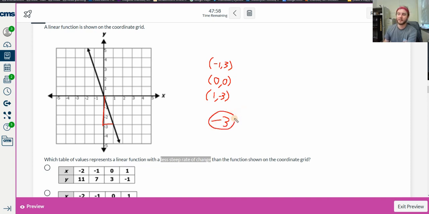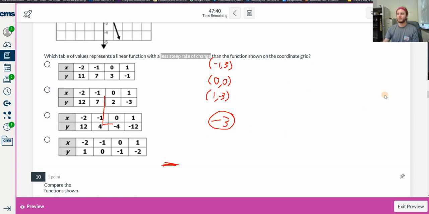We're going down by 3 over time. And we want something that is less steep than that. Less steep means it's closer to 0. Because if the slope is 0, it just is a totally flat line. So we're looking for something that is less steep than -3, a rate of change that is closer to 0 than -3.